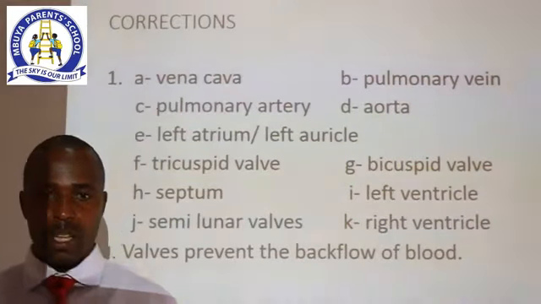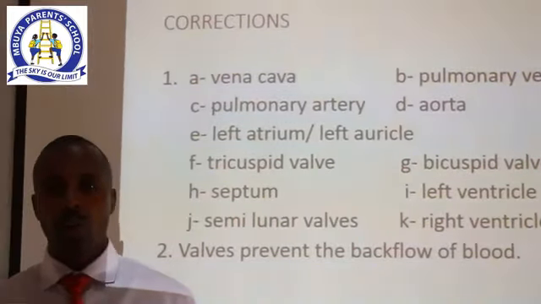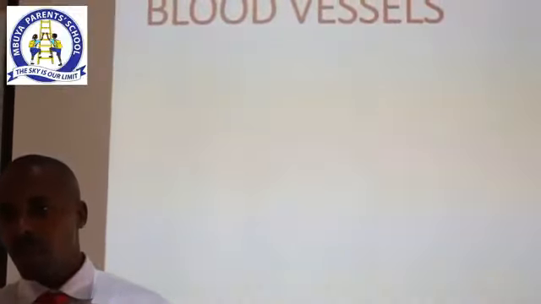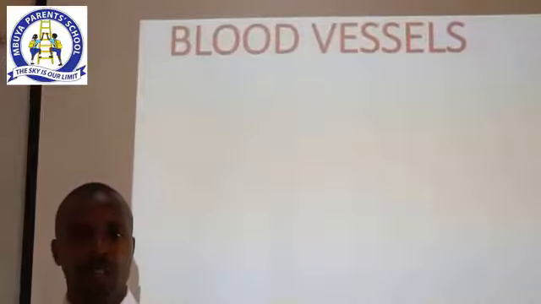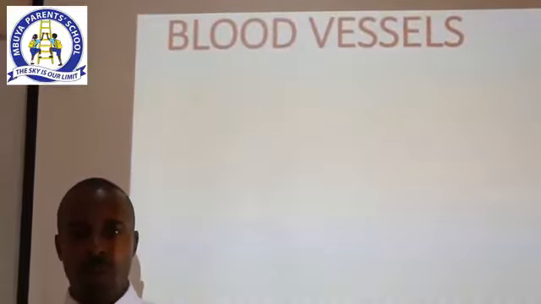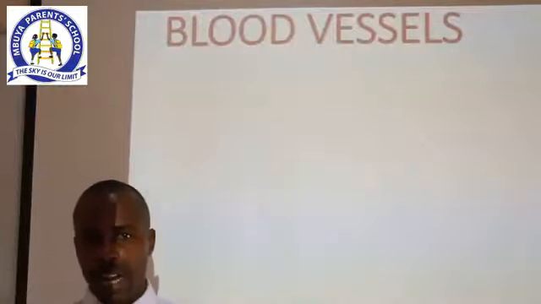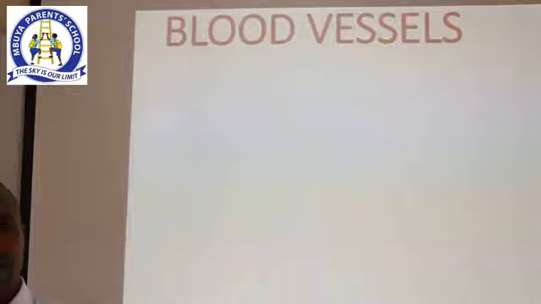In today's lesson, we are going to look at the blood vessels. Last time, we talked about the blood circulation. Among the components of the blood circulation, we had the heart, blood vessels, and then blood. We completed the heart.